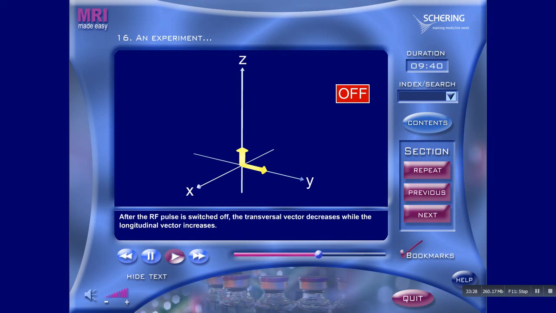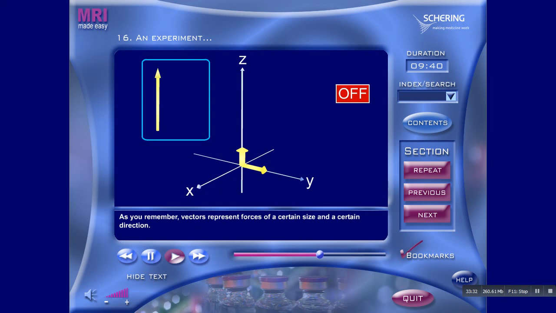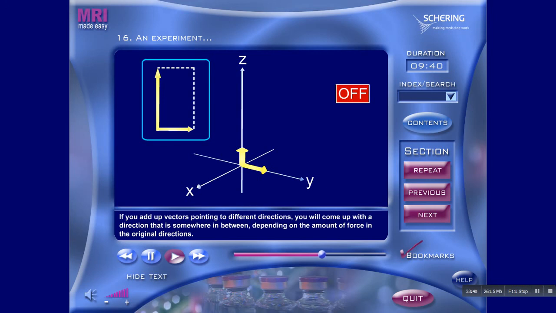As you remember, vectors represent forces of a certain size and a certain direction. If you add up vectors pointing to different directions, you will come up with a direction that is somewhere in between, depending on the amount of force in the original directions.